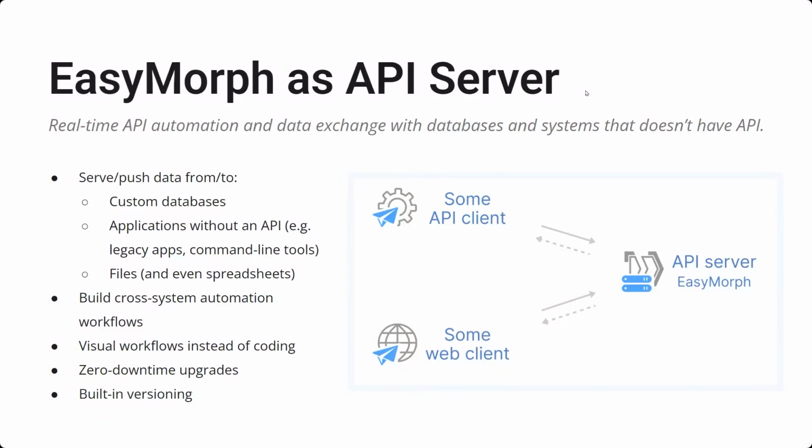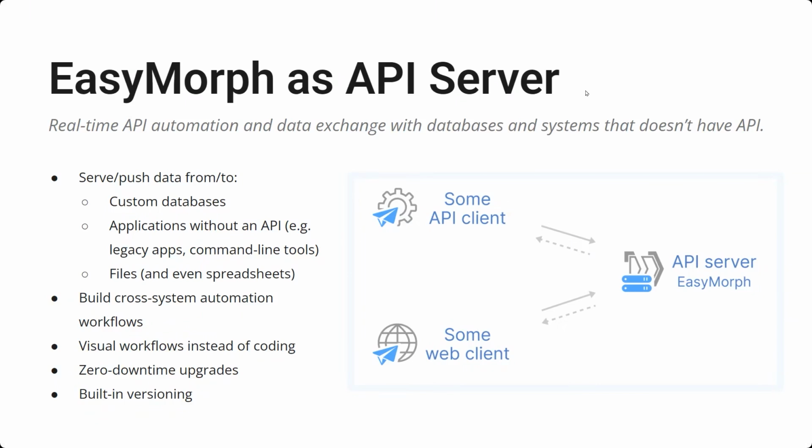Well, while APIs are common nowadays, not every business application may have a ready-to-use API, especially if it's an external or in-house custom-made application or database. So EasyMorph basically allows you to add an API to an application that doesn't have it.